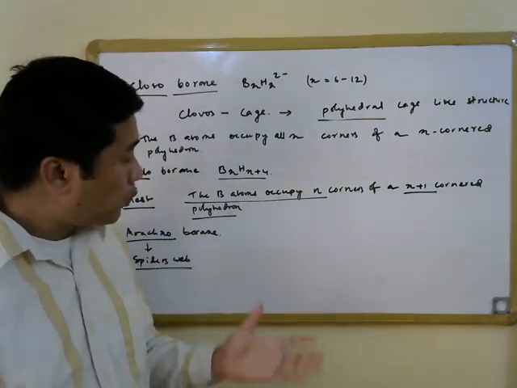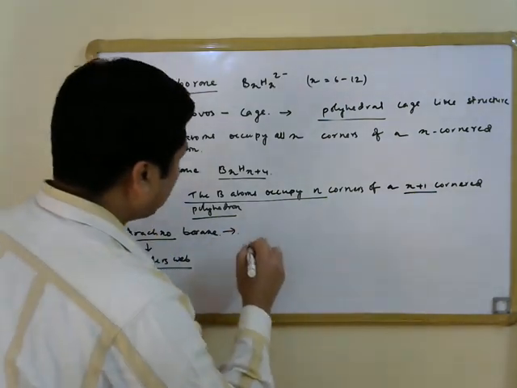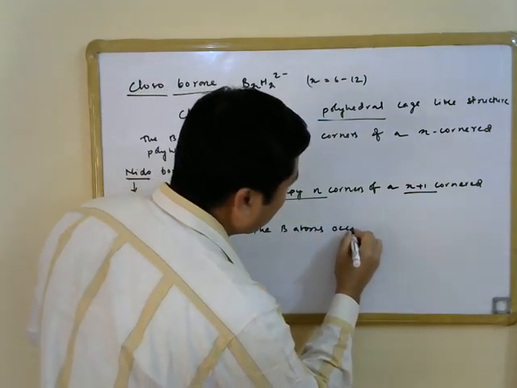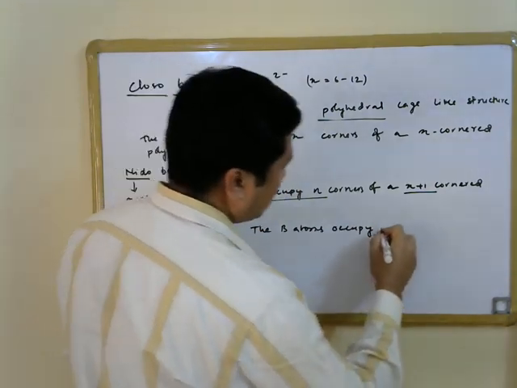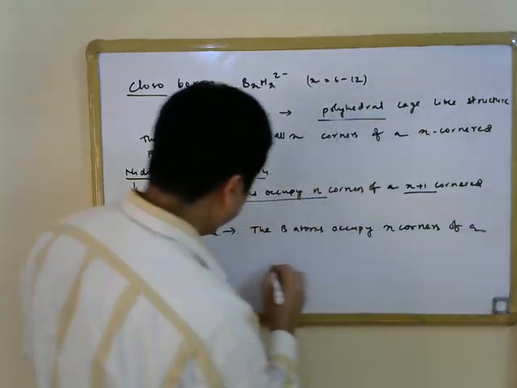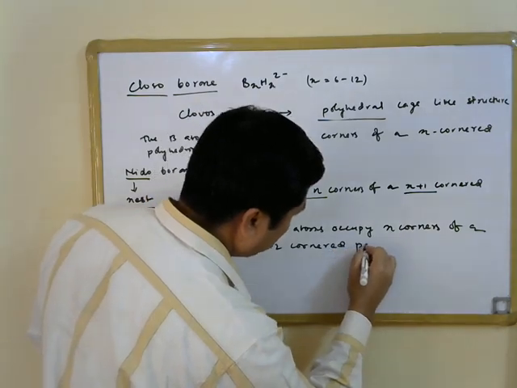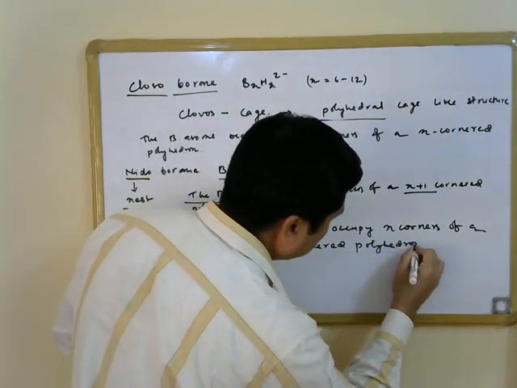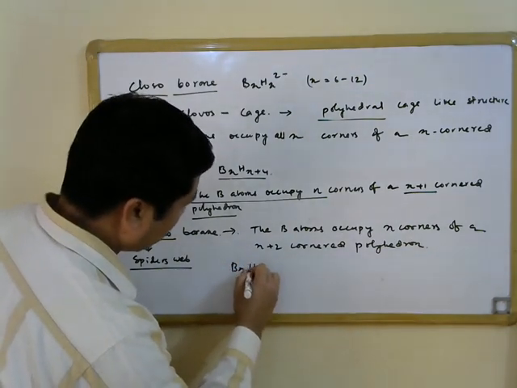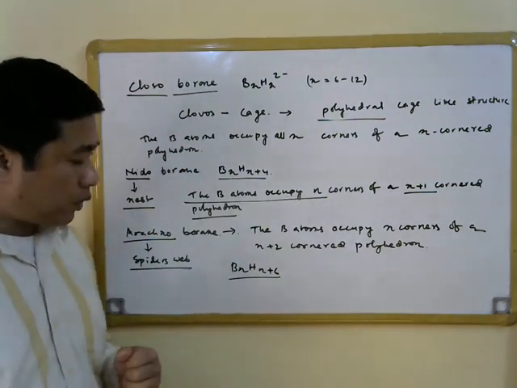The structure is even more open than the nidoboranes, and the boron atoms occupy n corners of a n+2 cornered polyhedron. And the generic formula for arachnoboranes is BnHn+6.